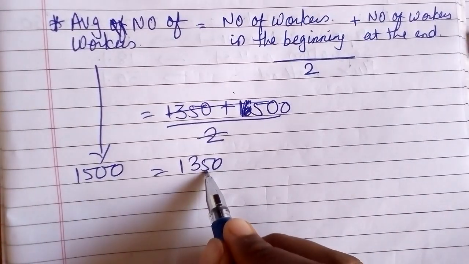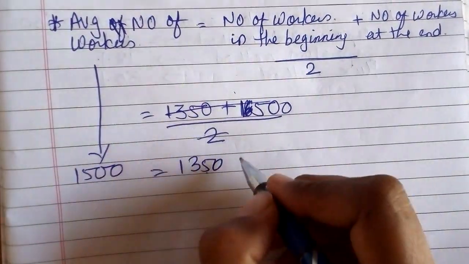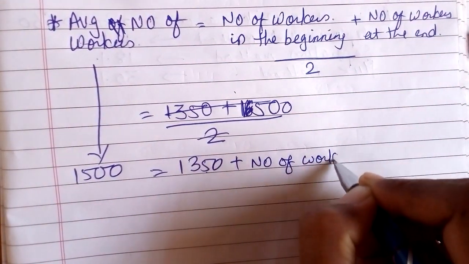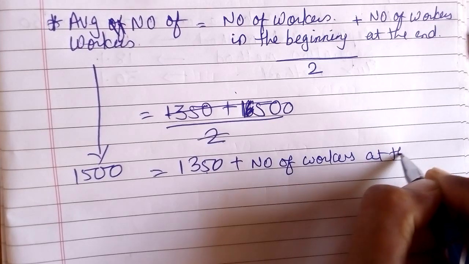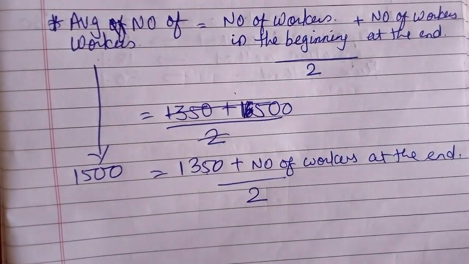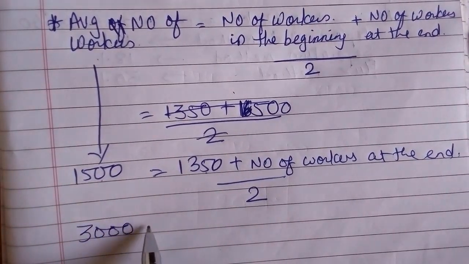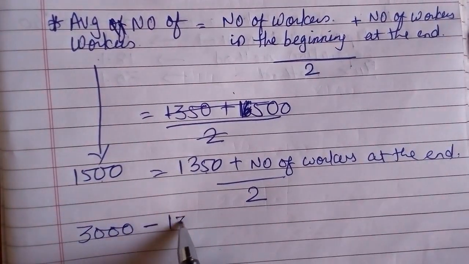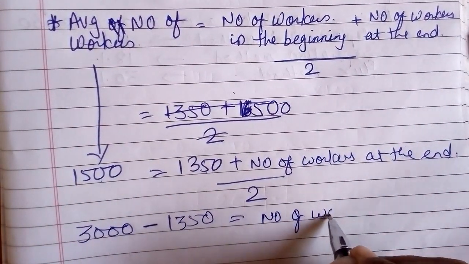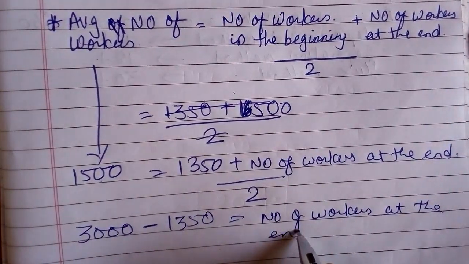Number of workers in the beginning given in the question is 1350, plus number of workers at the end as it is, as they are not given, divided by 2. So now 2 into 1500, that would be 3000 minus 1350 equals number of workers at the end.